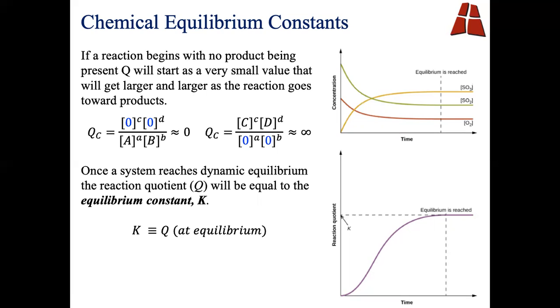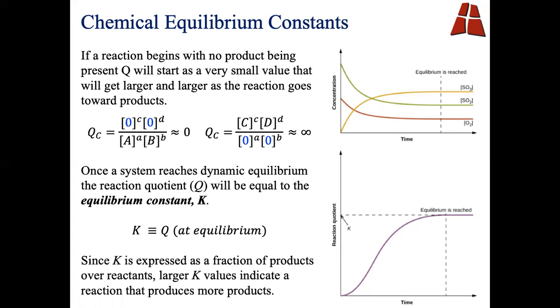However, once we reach this dotted line, once we reach equilibrium, then Q becomes K. And so these are calculated the same way. It's still products over reactants raised to some power of their stoichiometric coefficients, but K is just the same thing as Q, but now at our equilibrium conditions, okay?